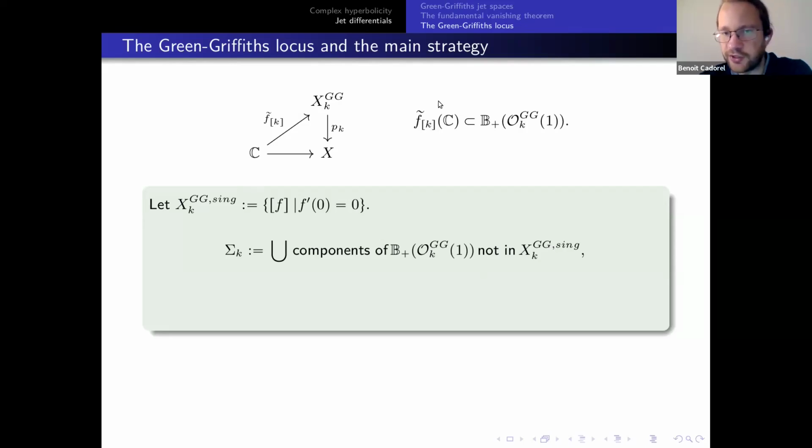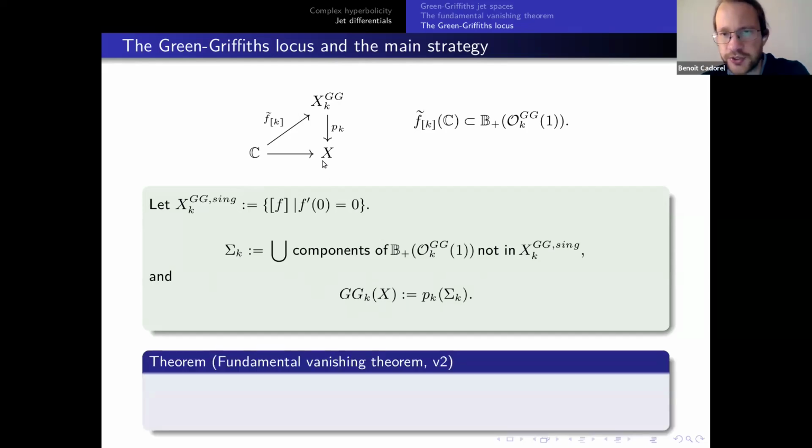And then F tilde k must land inside sigma k. So F tilde k, if projected to X, must land inside the projection on X of this sigma k, and you call that the Green-Griffith locus of order k on X. And so a consequence of the fundamental vanishing theorem is that if you have an entire curve C on X, then it must fall inside this Green-Griffith locus of order k for all k, actually.